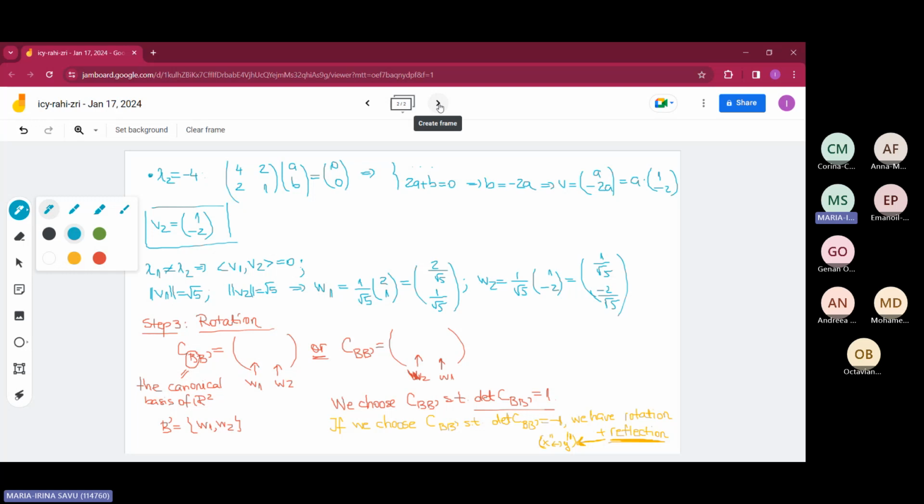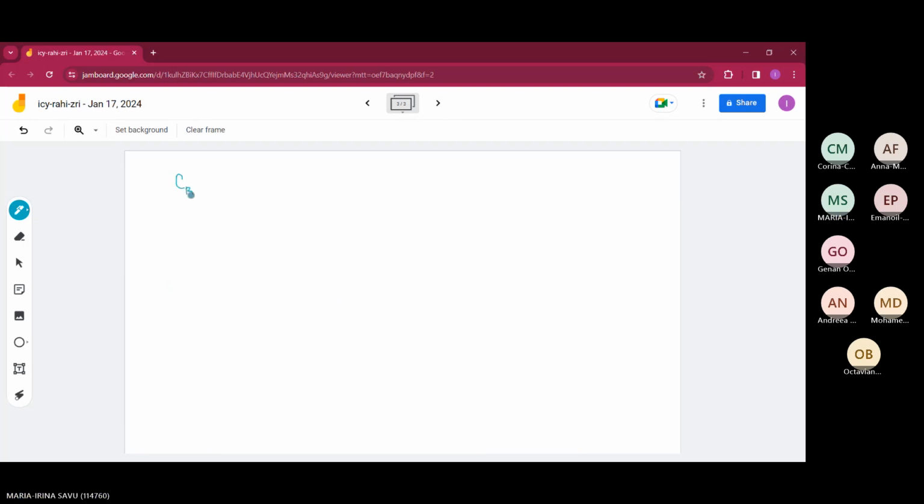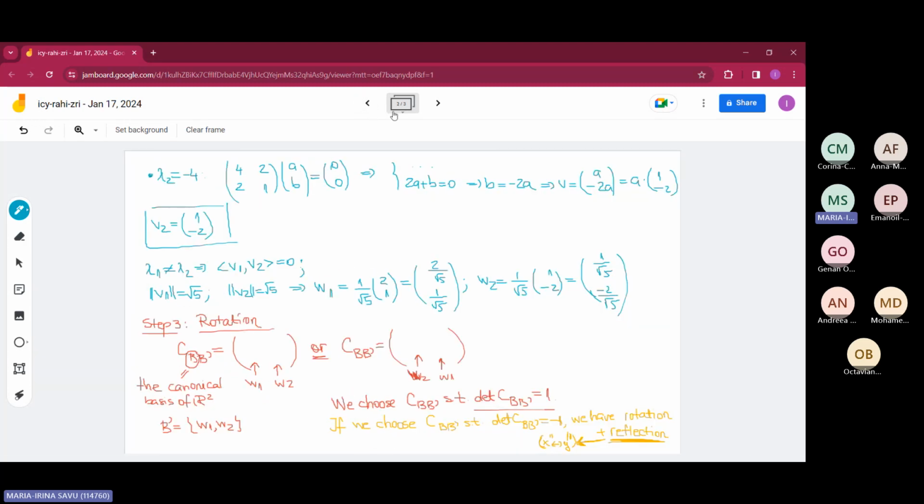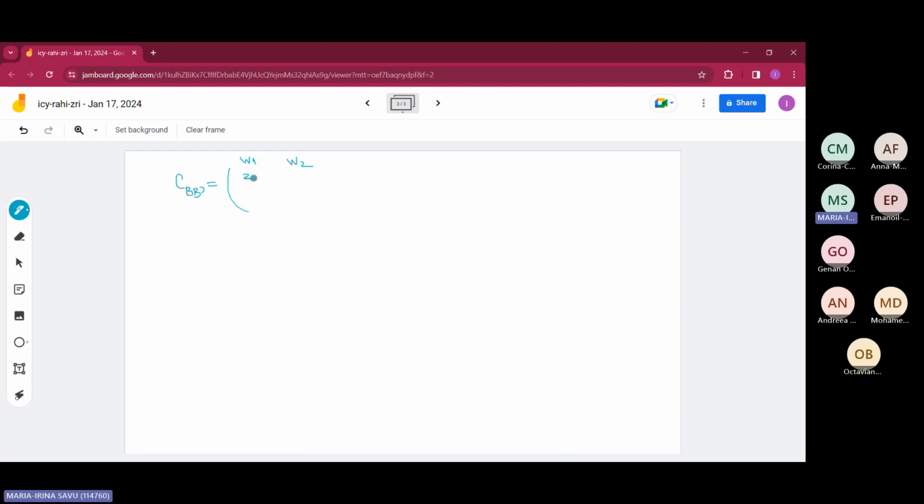So if we choose the matrix W1 and W2, we'll have 2 over square root of 5, 1 over square root of 5, and 1 and minus 2. Okay, so in this case, the determinant is minus 1. So I suggest to choose this matrix.